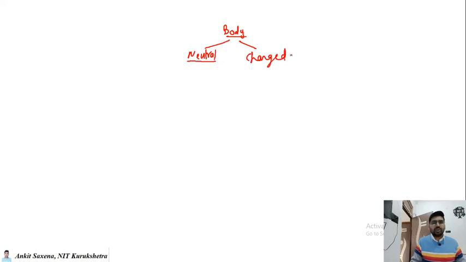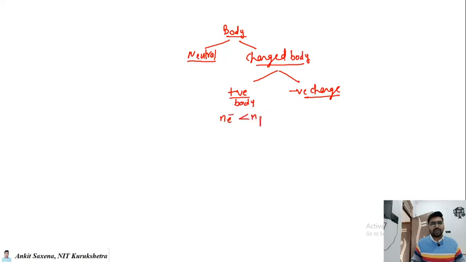So a charged body is also of two types, positive charge body or negative charge body. In the positive charge body, the number of electrons is less than the number of protons.